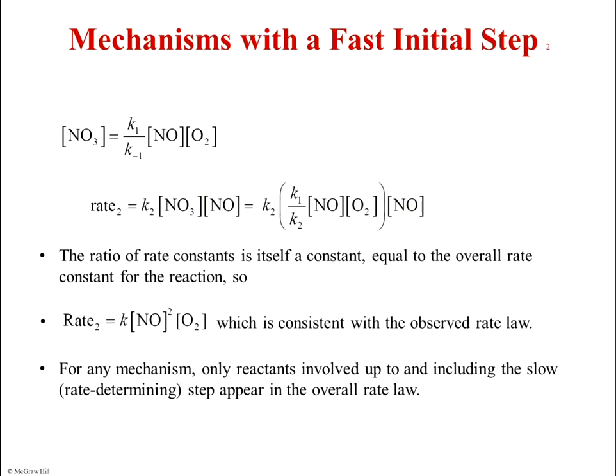And then the NOs will come out as a product, so now NO will be squared, and O2 will be to the first power. I'll correct that error in the proper slides that you'll have. But the rate constant K will be equal to K2 times K1 divided by K minus 1.